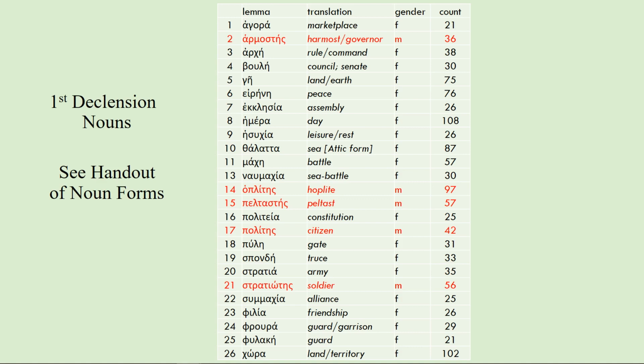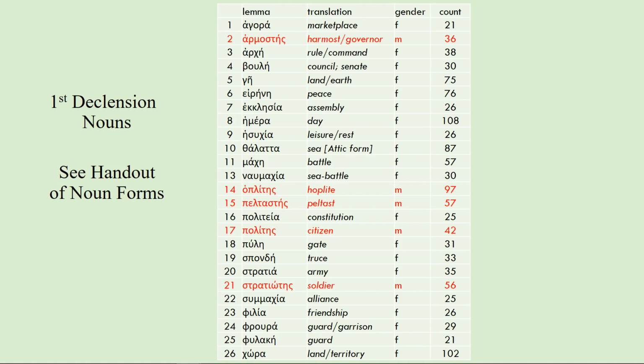So philia is friendship. Frura is a guard or garrison, typically the idea of a unit more, whereas fulake, same thing, a guard or a garrison. And then hora, land or territory, has a lot of broad meanings. So these are the first declension nouns we're going to be using commonly.